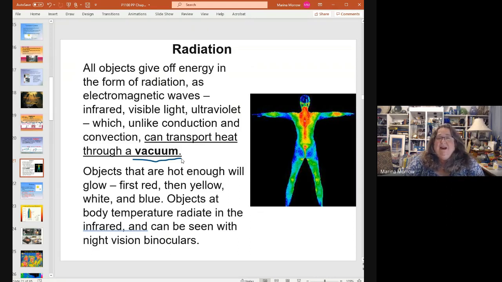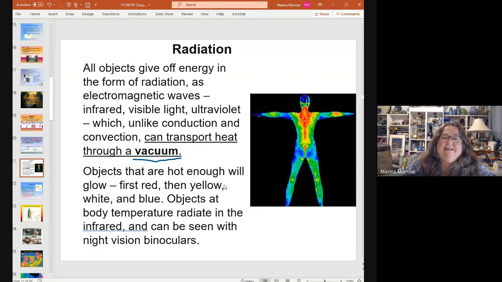The energy is in the wave itself, which radiates through space. If you've ever stood outside and let the sun hit you and you get hot, that's because you're getting energy from the sun, from the light waves hitting you. And if you get a sunburn, that's the ultraviolet rays that have brought energy to your skin.